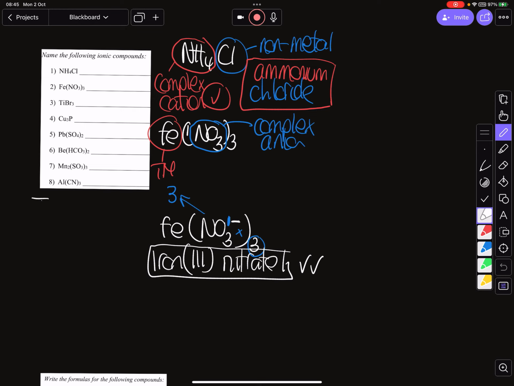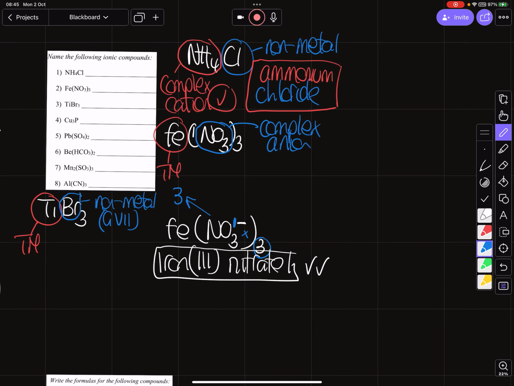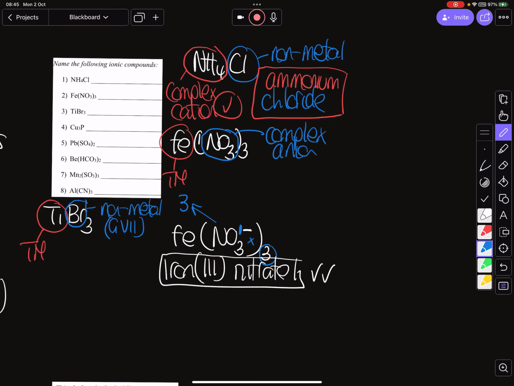We're going to look at TiBr3. So titanium is a transition metal, so we have to figure out its valency. And Br is one element by itself. It's a non-metal. It's in group 7. So straight away, we know that this is going to end in a bromide.